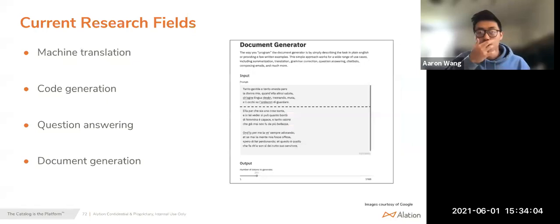Finally, we have document generation. I'm sure you've seen this all over Twitter in the past 2 or 3 years or so: GPT-3. You can input a large part of a document, and GPT-3 will continue that document. The way this works is that instead of ending on an end of sentence, the transformer's decoder can continue to predict even after the end of sentence token.